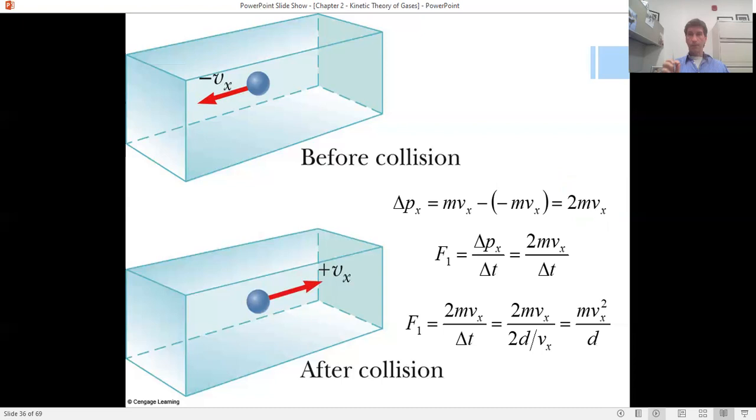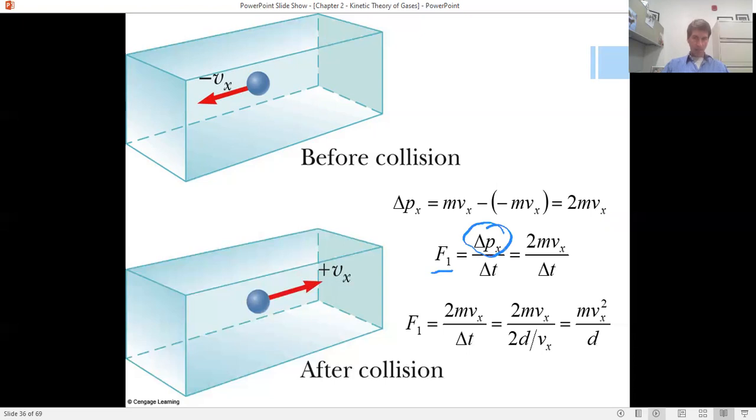So the force on the wall, by what we know by impulse, is another version of Newton's second law. We know Newton's second law is F equals ma, but Newton's second law also states that the change in momentum over time is equal to the force. So we are going to experience on that wall an impulse of delta px, okay?